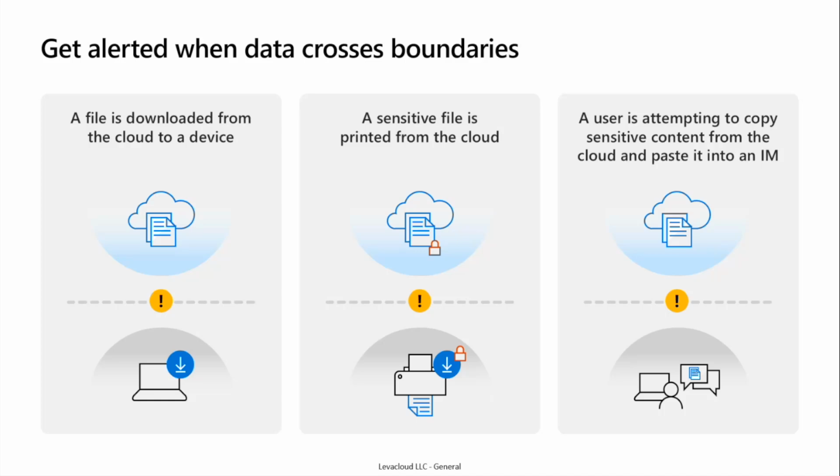So you can get alerted when different scenarios occur, and you can implement controls when different scenarios occur as well. Whether it's, again, going back to enforcing additional MFA prompts, or blocking the ability to download, that kind of thing, or just generally alerting so that you can take your own actions.